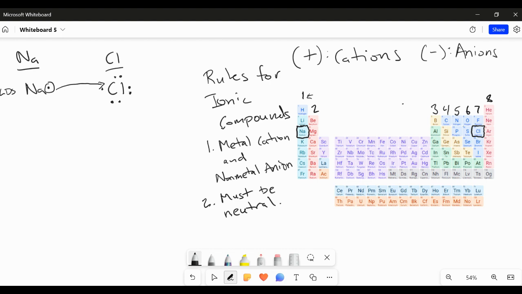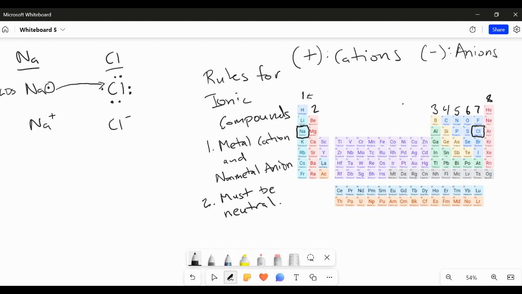Now, as a result of this, sodium is going to have a +1 charge. And that's because sodium has lost a negatively charged particle. So because of that, it's slightly less negative than it was at the start of the reaction. Chlorine, on the other hand, is going to have a -1 charge because it gained a negative particle.